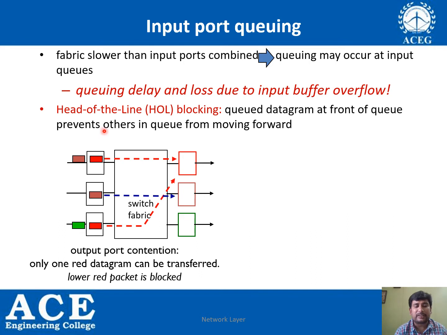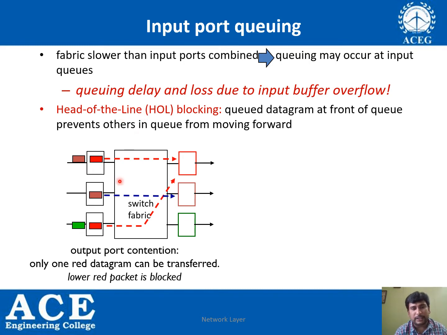Here we have a mechanism called head of the line blocking. Head of the line blocking means the queued datagram at the front of the queue prevents others in the queue from moving forward. For instance, here we have two datagrams, and the first datagram prevents the second datagram from moving forward. That is what we refer to as head of line blocking.